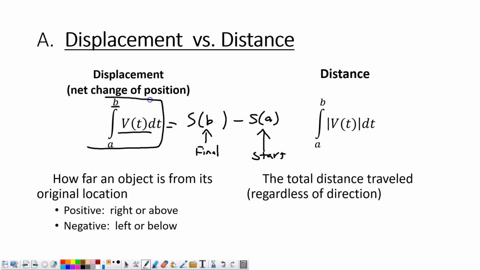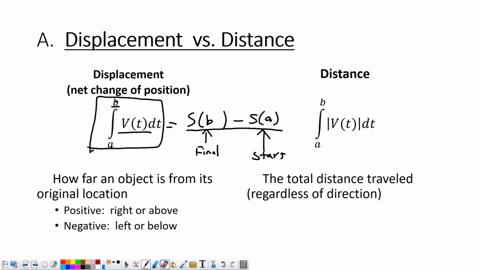So the integral of the velocity from a to b gives us this, which basically just tells us how far apart our final point is from our starting point, right? And that's called displacement. Starting point, ending point. How far apart are they and in what direction? If it's negative, it's to the left. If it's positive, it's to the right. Or if you're doing it on a y-axis, positive means above, negative means below.